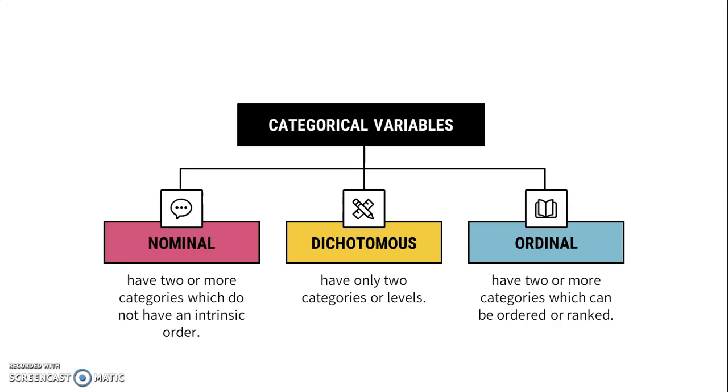But the distances between categories are not known, although these categories can be ordered in a logical way. An example of these variables is the question, what is your highest level of education completed, and the answers are less than high school, associate's degree, bachelor's degree, and graduate's degree.